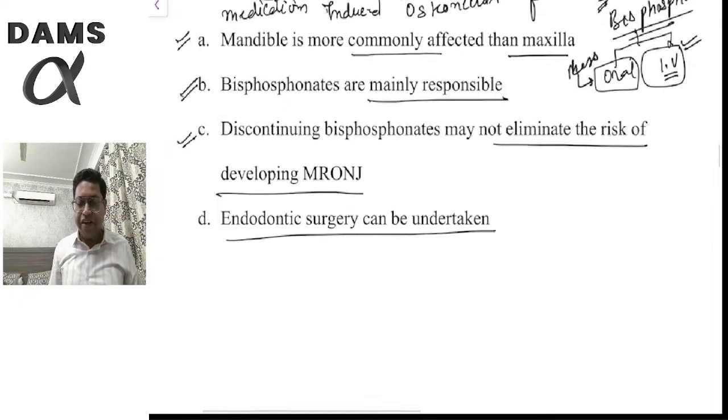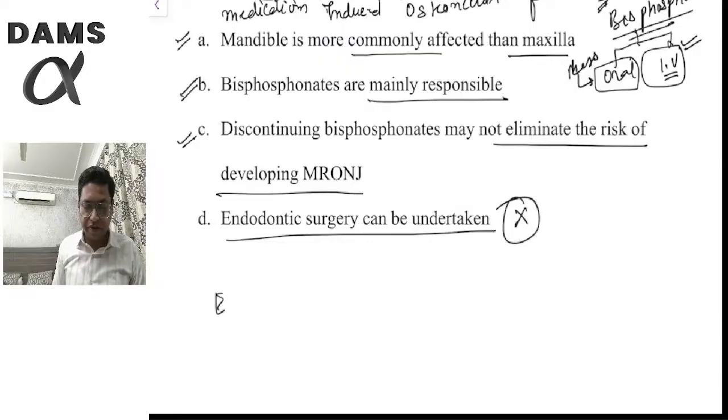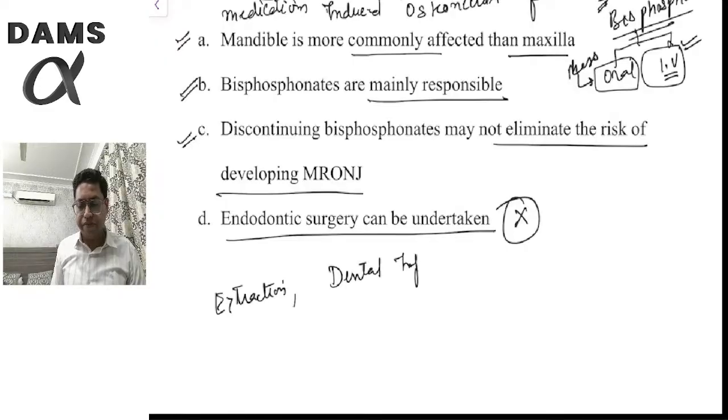Endodontic surgery can be undertaken. This is not true. Whenever we take history from the patient and the patient reports that currently or previously the patient has taken bisphosphonates, all sorts of traumatic procedures like extraction of the teeth, dental implants, and endodontic surgery are contraindicated.